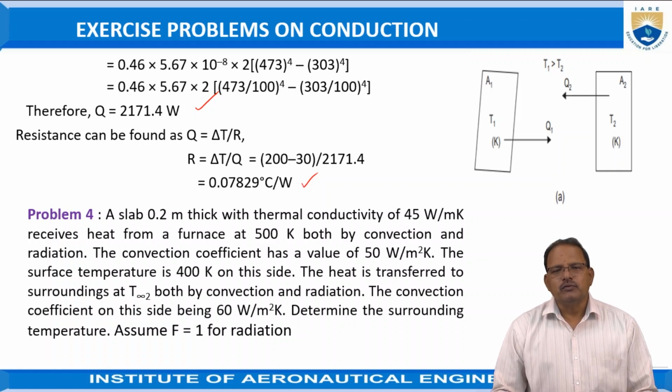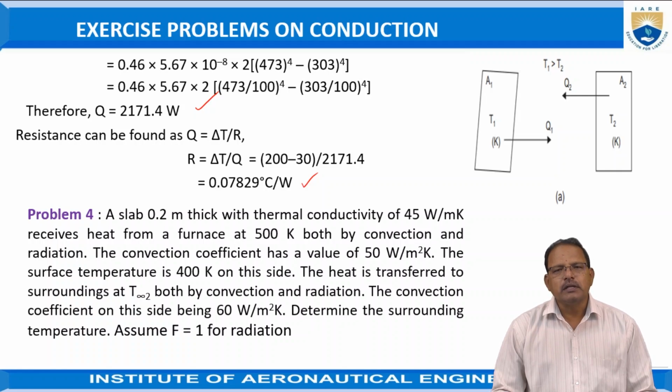Here is problem number 4. A slab 0.2 meter thick with a thermal conductivity of 45 watts per meter per degree Kelvin receives heat from a furnace at 500 Kelvin both by convection and radiation. The convection coefficient is 50 watts per meter square per degree Kelvin.